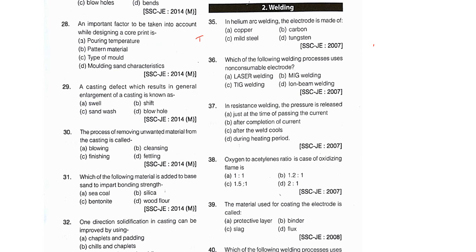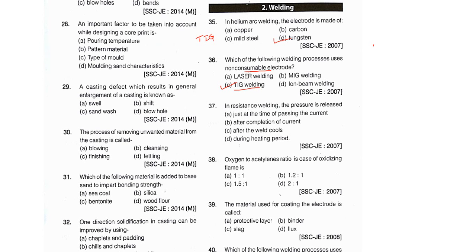We know in TIG welding a non-consumable electrode is used, and the electrode is made up of tungsten, while helium is used as shielding gas. So the correct answer: electrodes are made up of tungsten. Which of the following welding processes uses a non-consumable electrode? Just now we have seen it's TIG welding, that is tungsten inert gas welding.